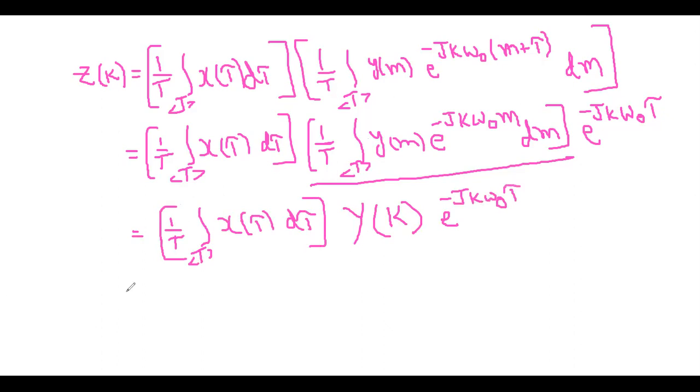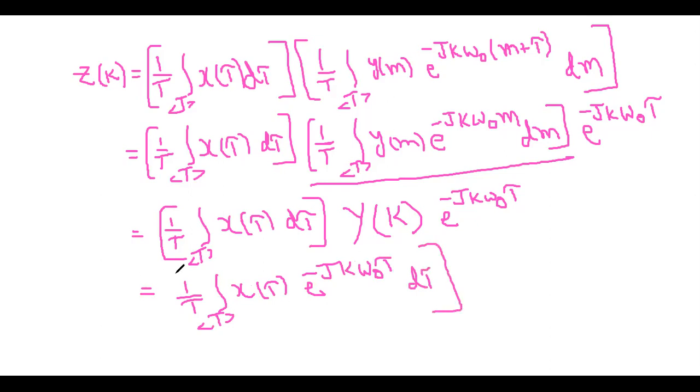Rewrite this function again as 1 by T the integral T x of tau; bring this function inside, e power minus j k omega naught tau and d tau, keeping it as one function, and y of k.